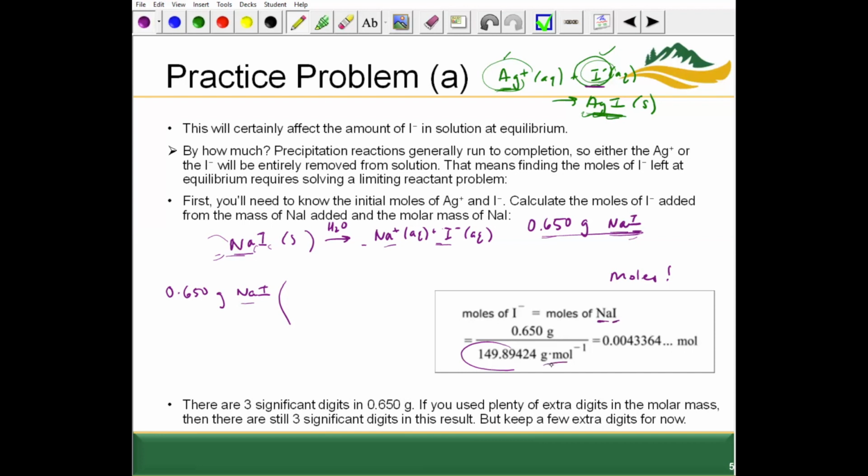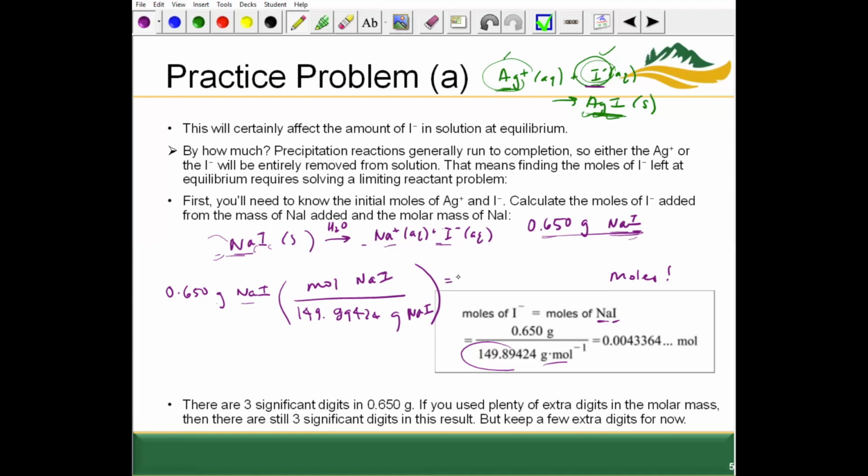149.89424 grams per mole. To orient this correctly, we need to put grams in the denominator, so then we'll be left with moles in the numerator. So here we'll have 149.89424 grams per mole. And to be really careful in labeling all this, we can go ahead and add in, this is specifically grams of NaI per mole of NaI.